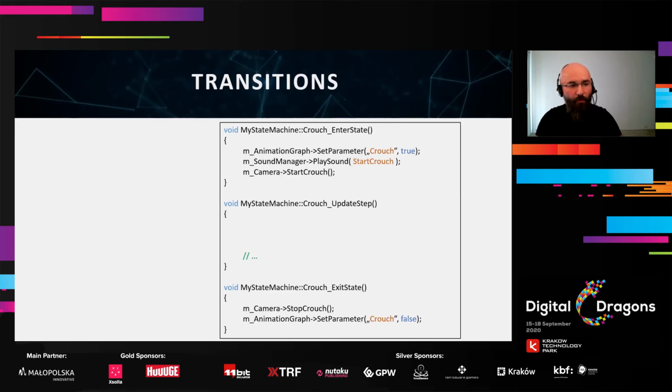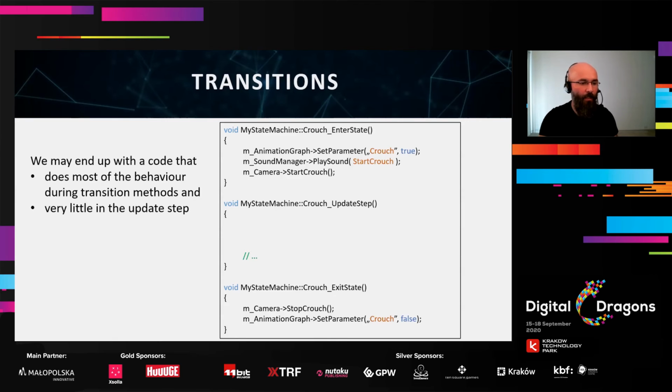I want to do the same with my sound manager: I want to start playing the sound for crouching. And I want to inform the camera that I'm starting to crouch and it should switch to some special mode. Analogically for exit state, I want to inform the camera and animation graph that right now I'm stopping crouching.